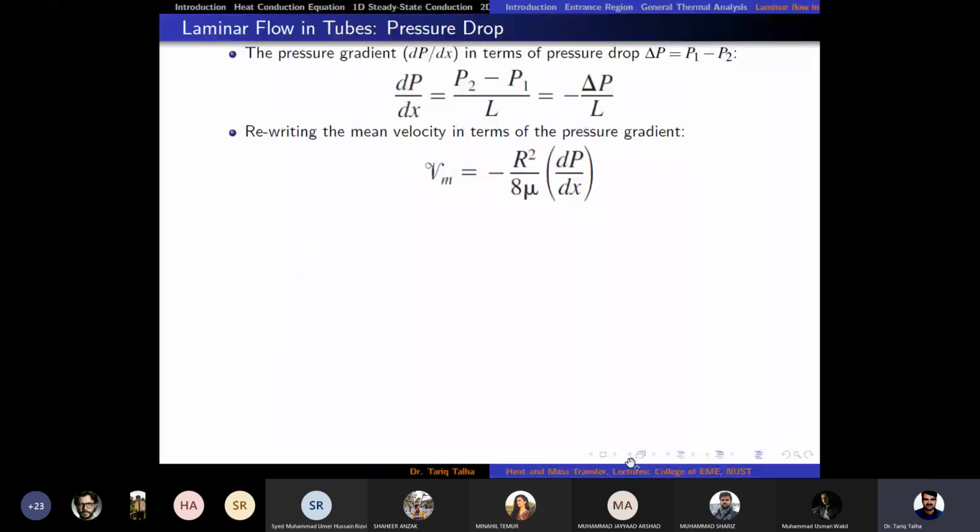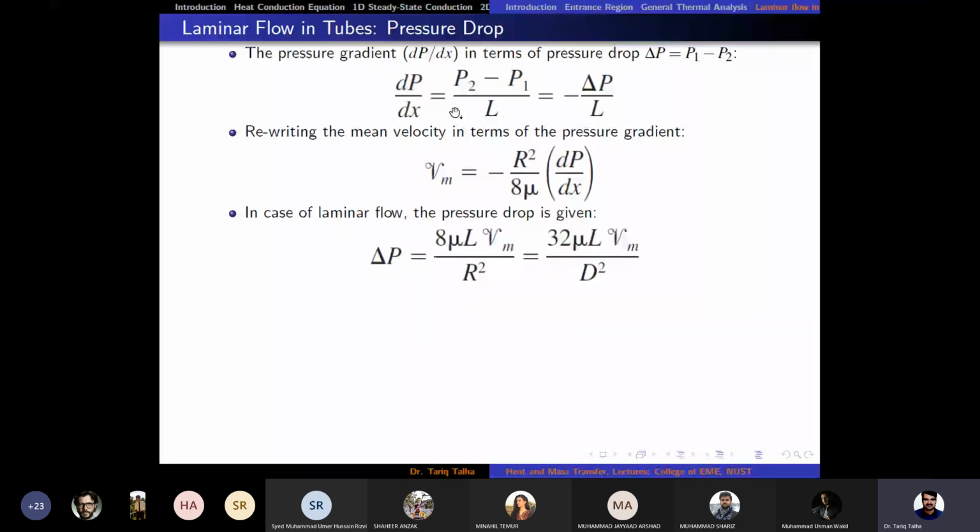If we replace dP by dx here with minus delta P by L, the minus would be cancelled out with this minus, and then delta P would be equal to 8 mu into the length of the pipe into Vm divided by R square. If we want to write R square in terms of diameter, it would be D square by 4, and then that 4 would give us 32 mu L Vm.